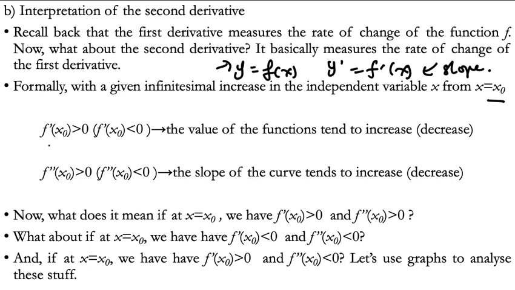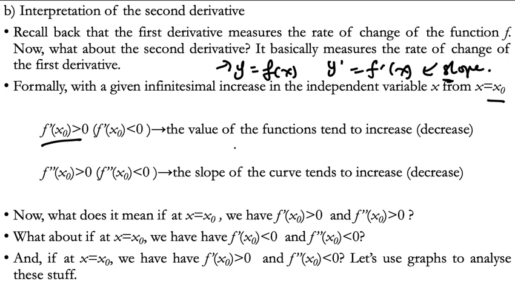So let's say the first derivative here is positive, greater than 0. Then what does it mean? Because f prime x naught here is a slope, isn't it? When it is positive, the slope is positive. When the slope is positive, the curve is increasing, isn't it?